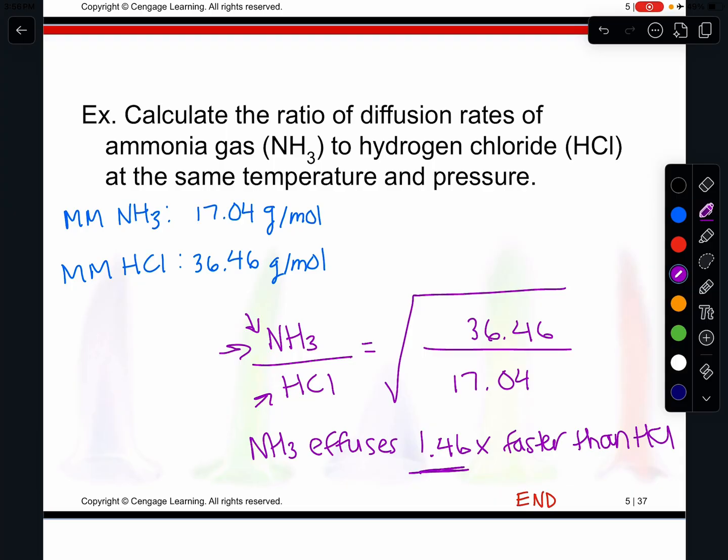Now, let's say you had the HCl on the top and the NH3 on the bottom, and you flipped these. Then the way you write it would be different. You'd have to talk about your relationship in terms of HCl to the NH3. So I wouldn't put too much thought into that. I would just remind myself to put the lighter gas mass on the top of the left side to find the rate, and the heavier one on the bottom.